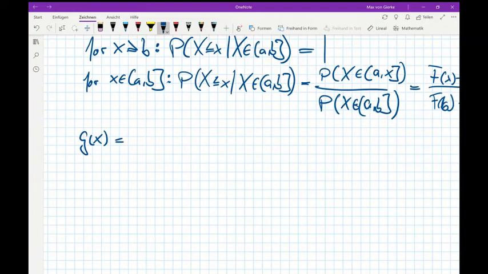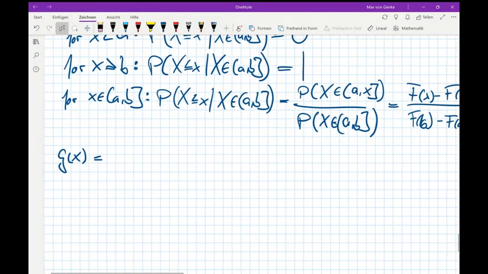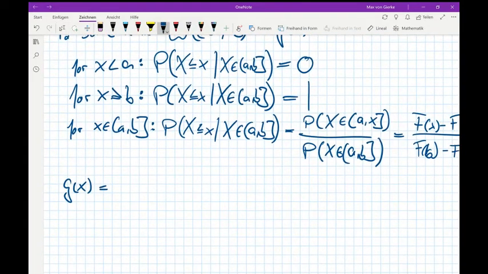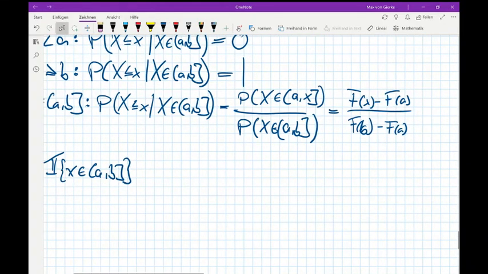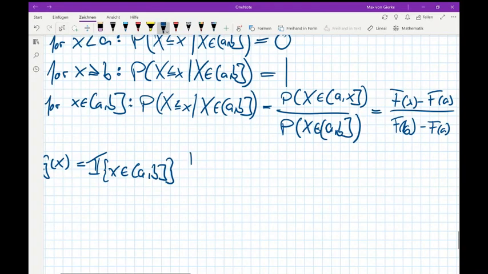Let's look at it. Case 3, if lowercase x is in [a, b], then we are in this case, so F(x) minus F(a) over F(b) minus F(a). If you are in case 2, then it's just 1.